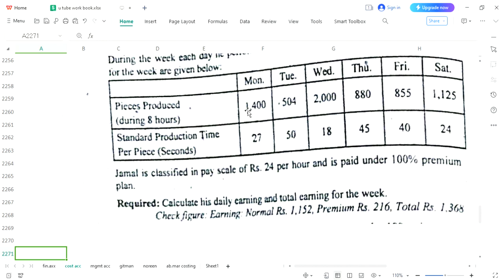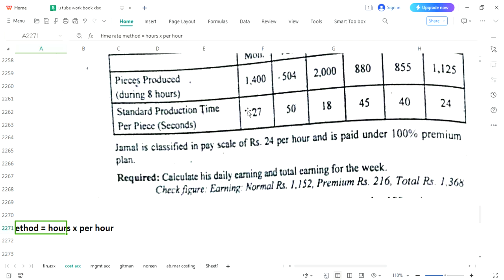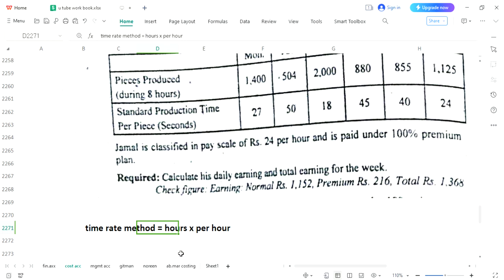There are two main ways with which you will pay the labor. First is called the time rate method, under which you will see how many hours somebody had worked and multiply it with the per hour rate. In this way you will calculate the salary or wages of any worker. The second method is the piece work rate system.